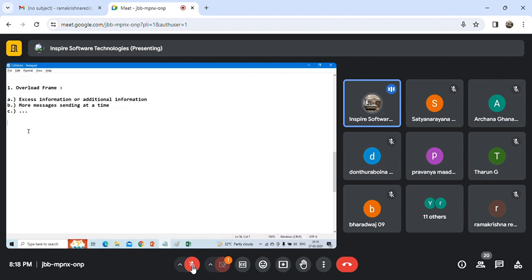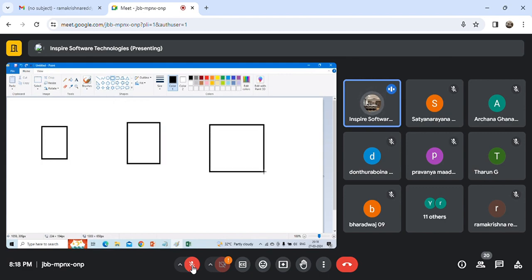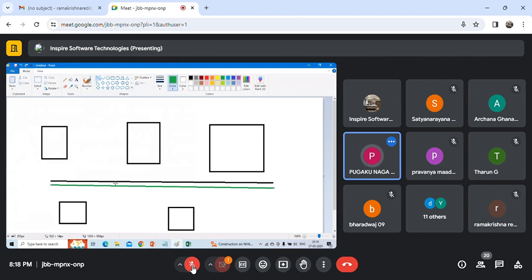But the idea of defining the overload frame is, let's say you have some controllers. They are sending something on a network. So this is the network. A CAN network will have how many lines? 2 lines will be there. CAN high and CAN low.